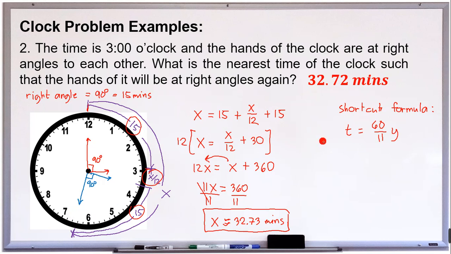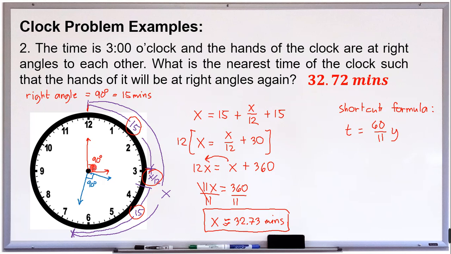By the way, the good thing in utilizing the shortcut formula is that you're not going to draw or plot the distances. Okay, you will not need this one anymore.